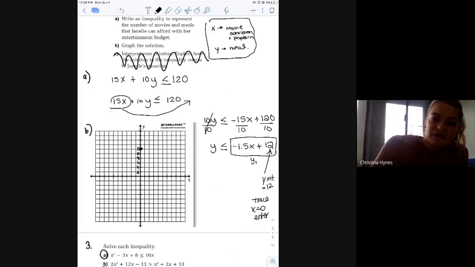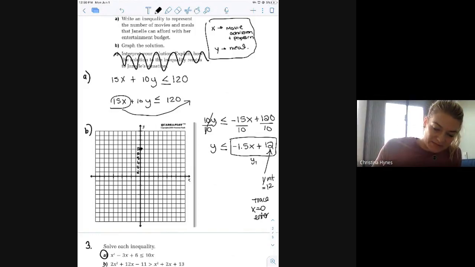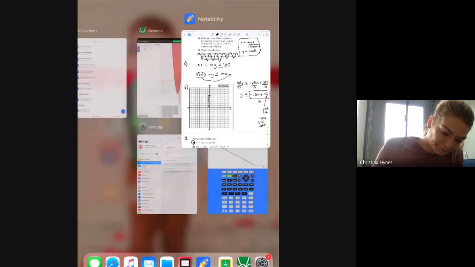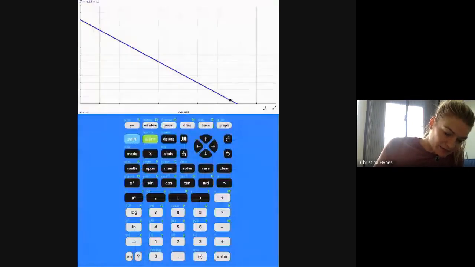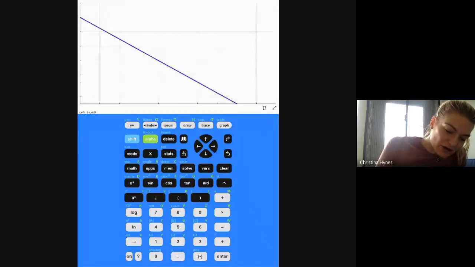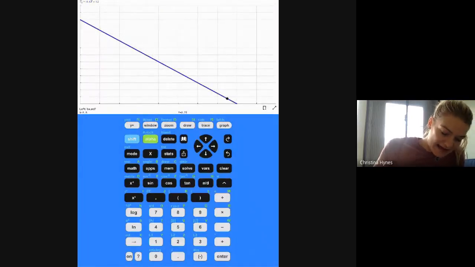And then I also want to find out what my x-intercept is. Remember, you can go second trace, number 2 to actually solve for it. You can go to the left side of that x-intercept and then go to the right side of the x-intercept, and this is how you graphically find it. Mine is 8.